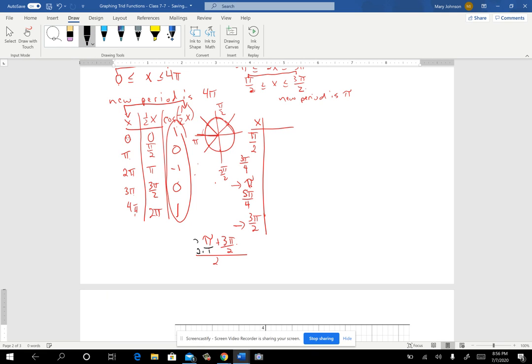So you're going to multiply by 2, top and bottom on pi. So that would be 2 pi plus 3 pi. So that's going to be 5 pi over 2. But then you're dividing by 2. And 5 pi over 2 divided by 2 is the same as 5 pi over 2 times 1/2.